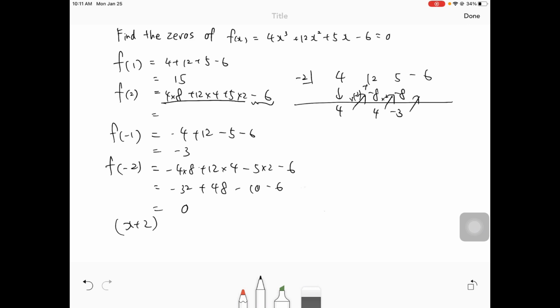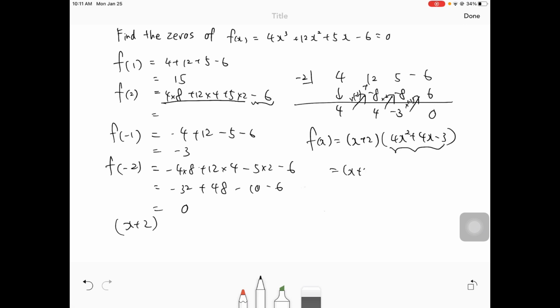Negative 3 times negative 2, which is 6, 0. Okay, now you got f of x equals x plus 2 times 4x squared plus 4x minus 3.